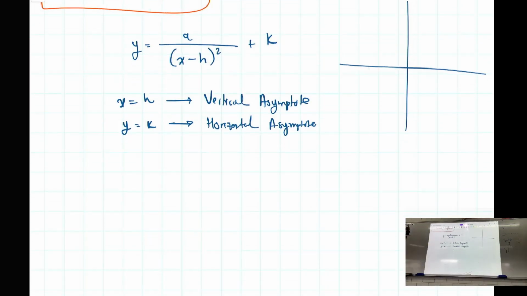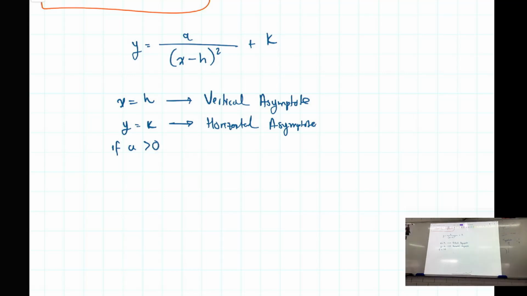Now, this is super important. If a is more than 0, something is going to happen with my graph. We already know that the graph is located in quadrant 1 and quadrant 2, right?